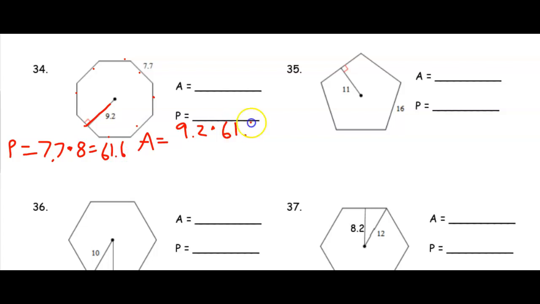So 9.2 times 6.6, 61.6 divided by 2 is 283.36 units squared.